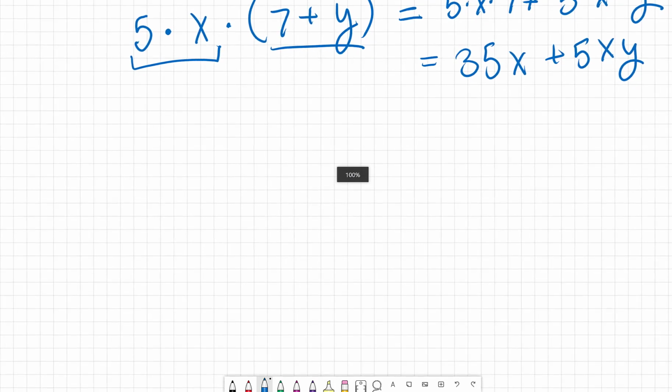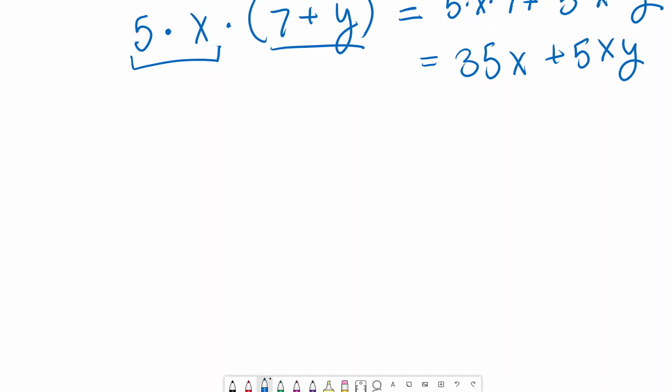I know it seems like we're looking at all the examples, but this is one final one to just clarify things. What if we have x times 7 times y? Okay, so here we don't have addition inside the parentheses. We have multiplication.